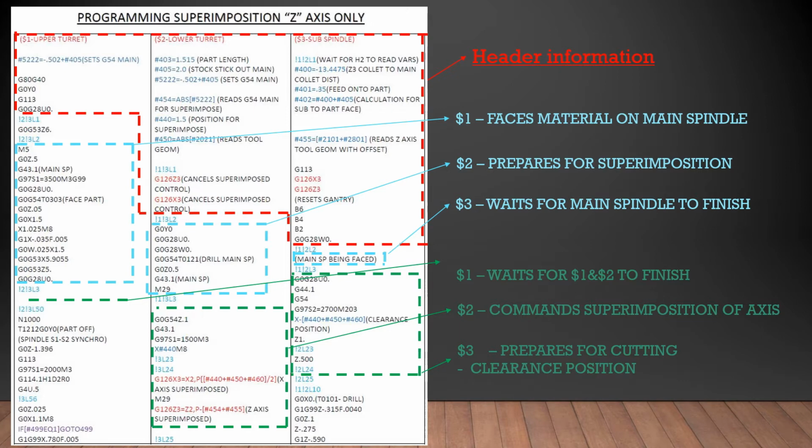If we look at the second column, which is the lower turret program, the information in blue is just to get the tool ready.